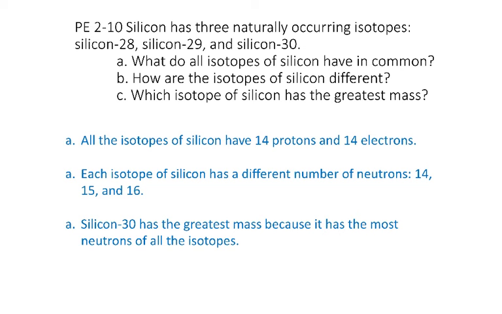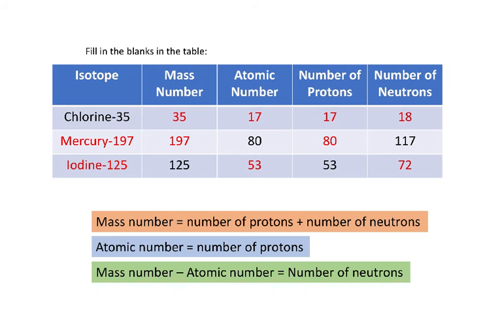Okay, so these questions here and this last question, you may notice if you look at iodine on the periodic table, the atomic mass says 126.9.